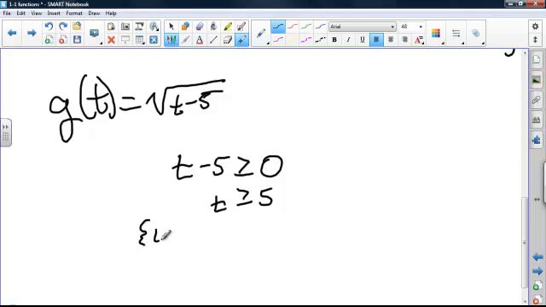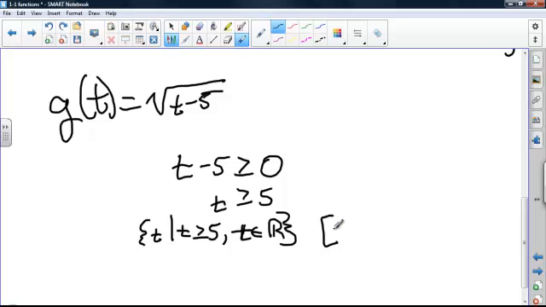Set builder, t such that t has to be greater than or equal to 5. t is an element of the real numbers. Interval case, it's 5. And since it can equal 5, we put bracket 5. And then we go to the highest possible number, which is infinity. Can't equal infinity, so it has to be a parenthesis.